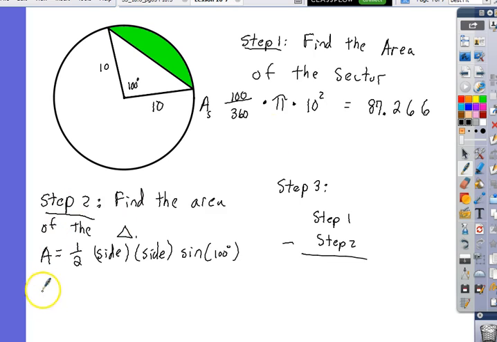All right, and then finding the area of the triangle is equal to 1/2 times 10 times 10 times sine 100 degrees. Well, 0.5 times 10 times 10 times sine 100 comes out to be 49.240.